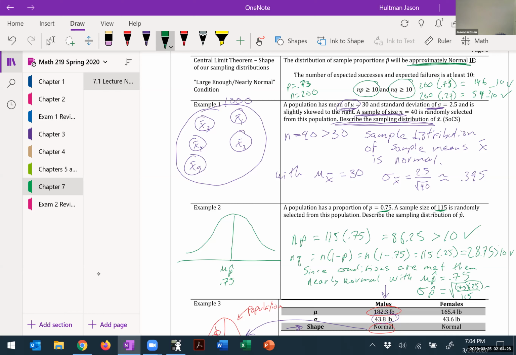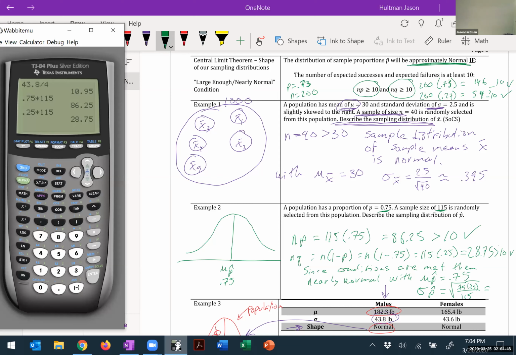So I'm going to plug all of that in. Hopefully you can see that okay. 0.75 times 0.25, all over 115. I'm going to plug that into the calculator.